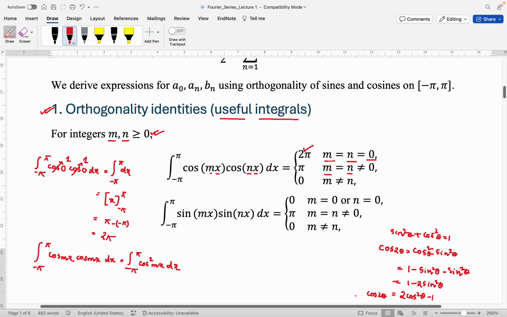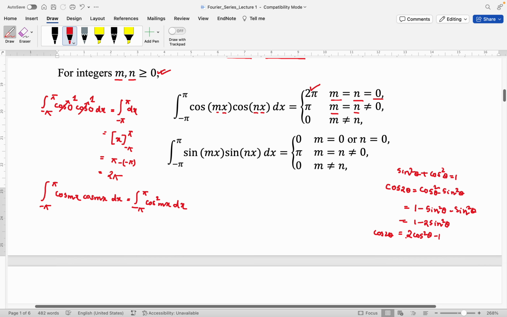If we simplify this, we can write cos square theta is equal to cos 2 theta, and this 1 will go on this side so it becomes plus 1, and the whole thing divided by 2.